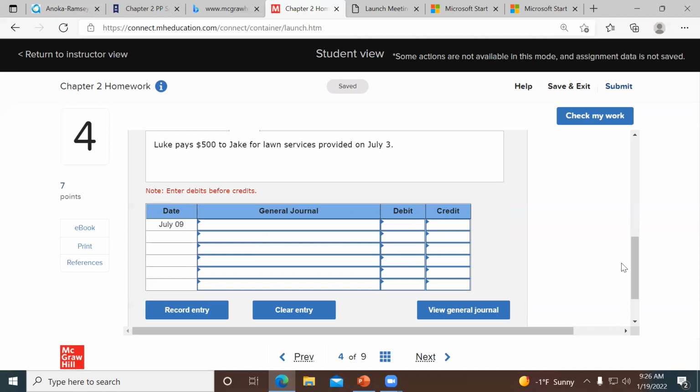Cash? And we credit accounts receivable. Because he owed us the money, but he paid it, so he doesn't owe us anymore. We're getting rid of it.